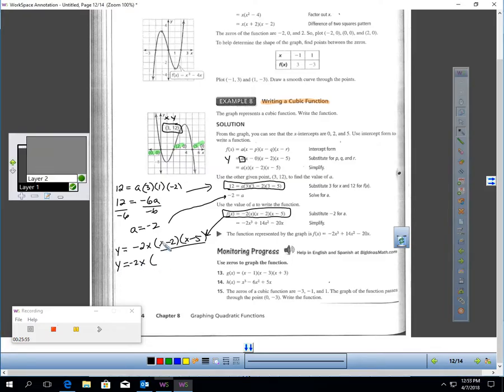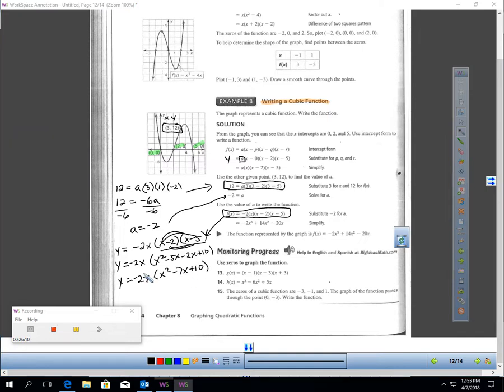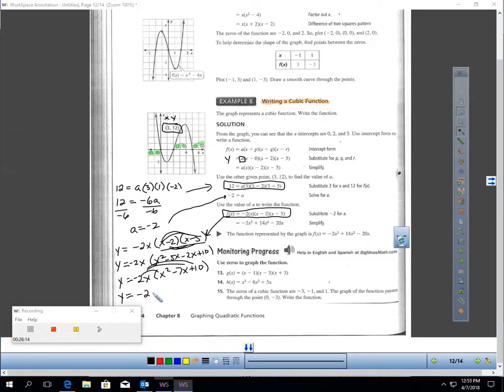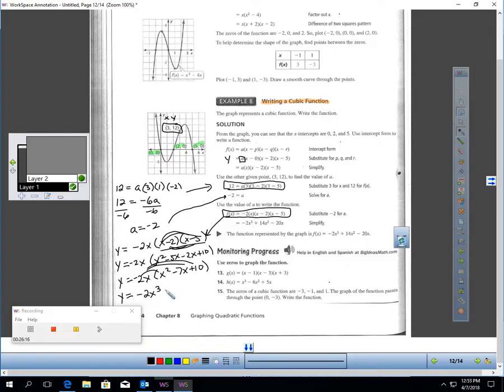So I have x squared minus 5x minus 2x plus 10. So y would equal negative 2x times x squared minus 7x plus 10. And then I have to distribute the negative 2x through. I get negative 2x cubed plus 14x squared minus 20x. That's where they're getting this from. Okay?